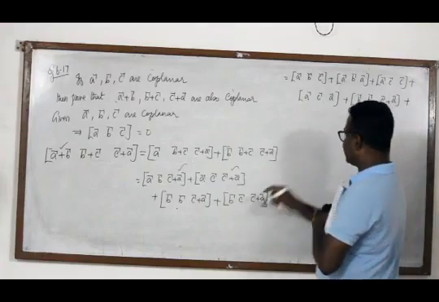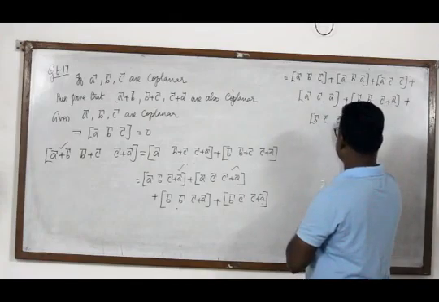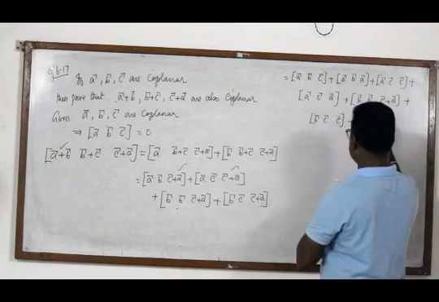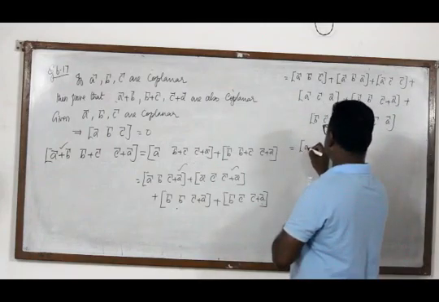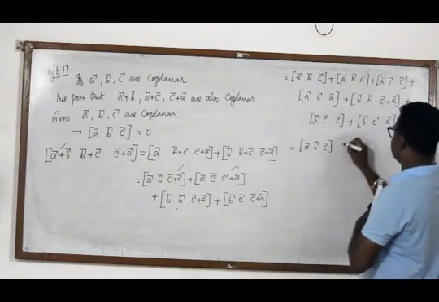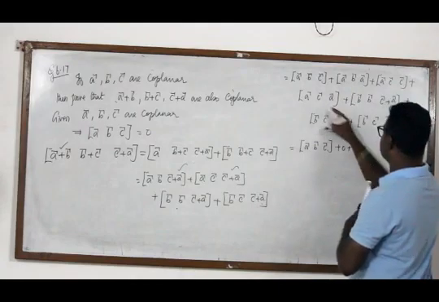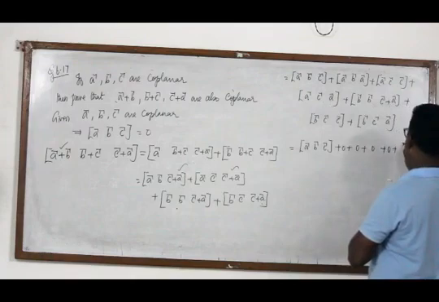Plus. Now this can be written as B, C, C plus B, C, A. Now see, almost everything is partitioned. This one becomes 0. This is 0. This is 0. This already became 0.